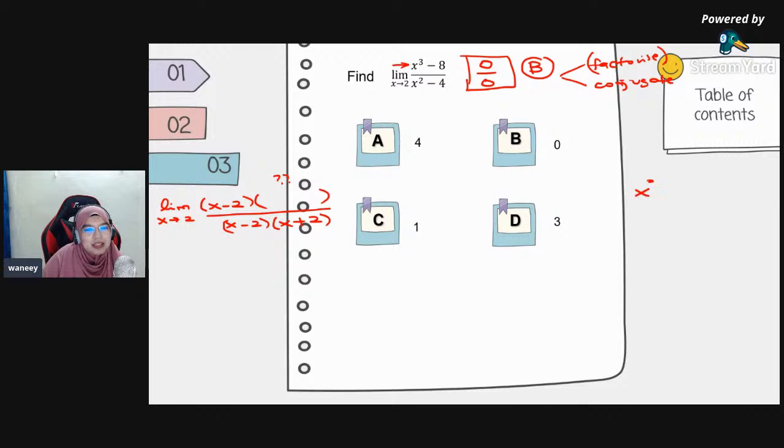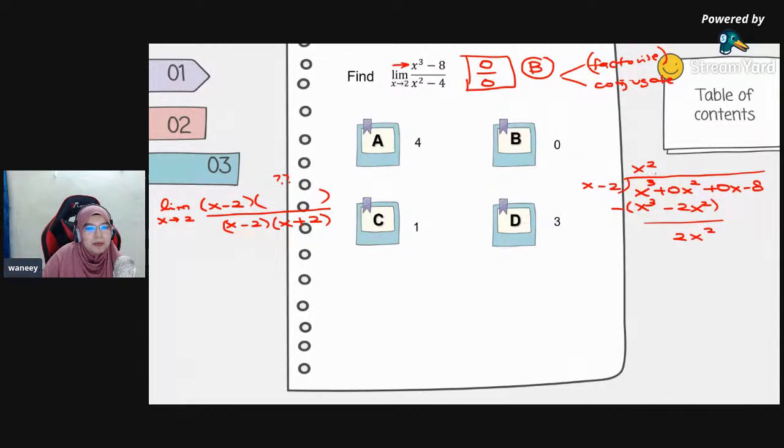Okay, so we got x cubed plus 0x squared plus 0x minus with 8. And then we are going to divide them with x minus 2. So x times with x squared, we are going to get x cubed. Negative 2 times with x squared, so negative 2x squared minus, so this is 2x squared.